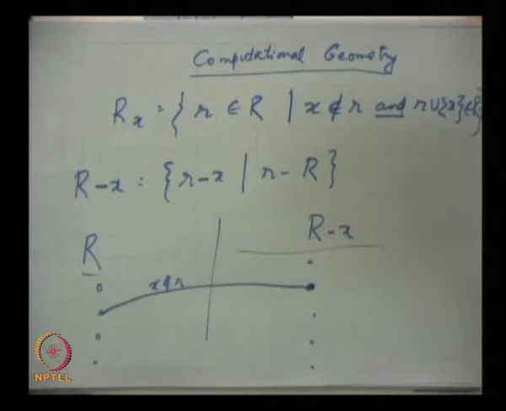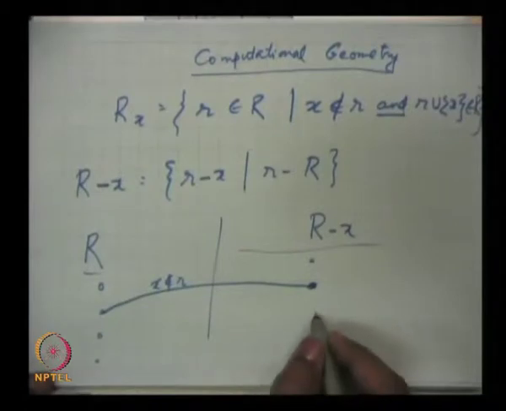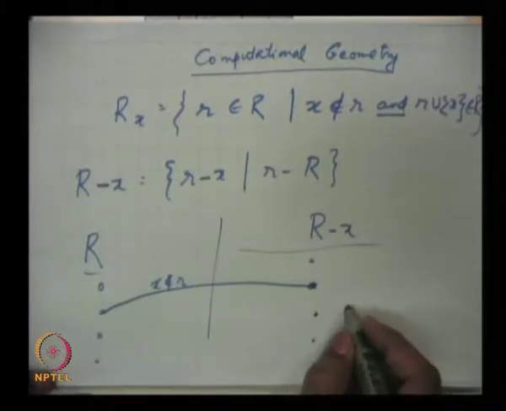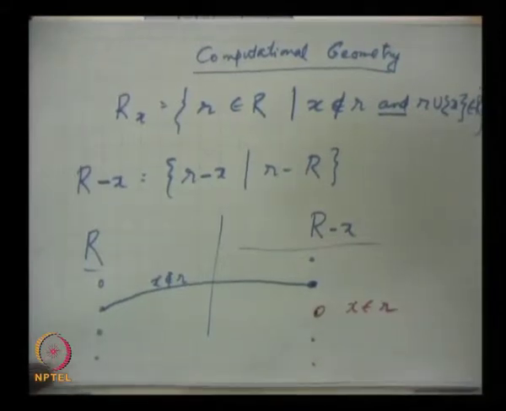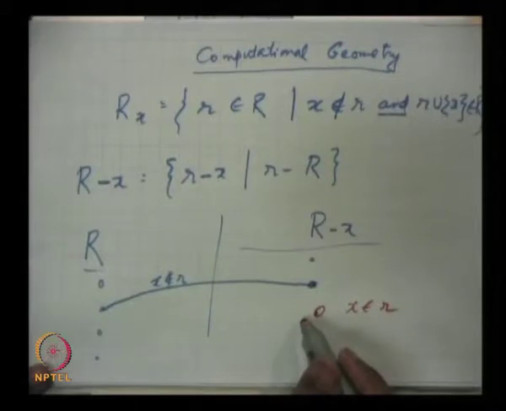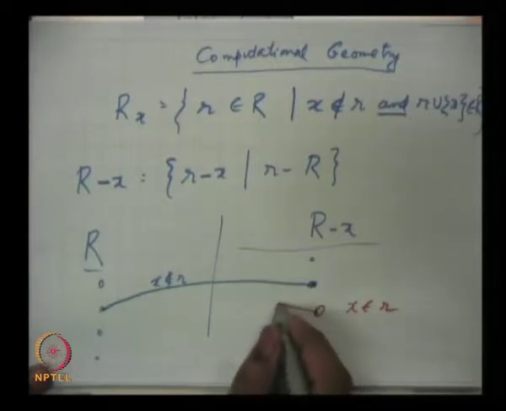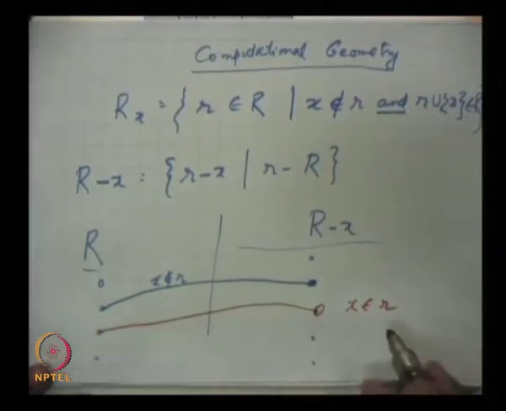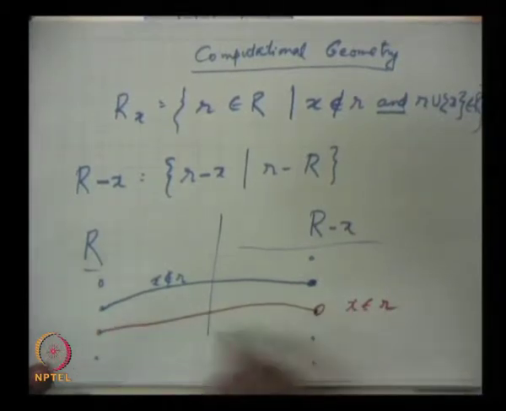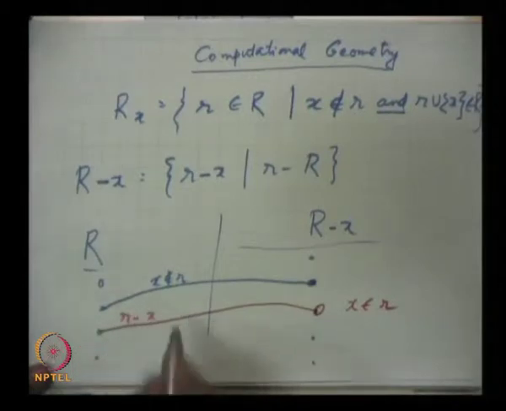The trouble is if X belongs to R, then it is mapped to something where I am taking out X from there, right?